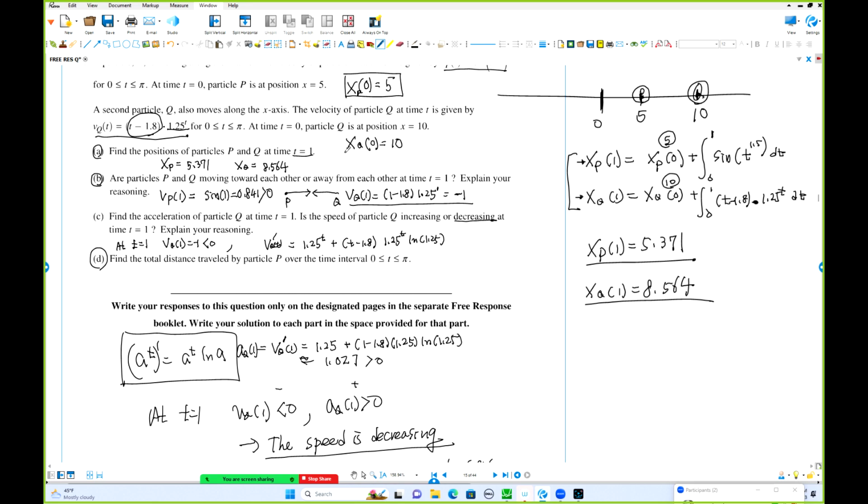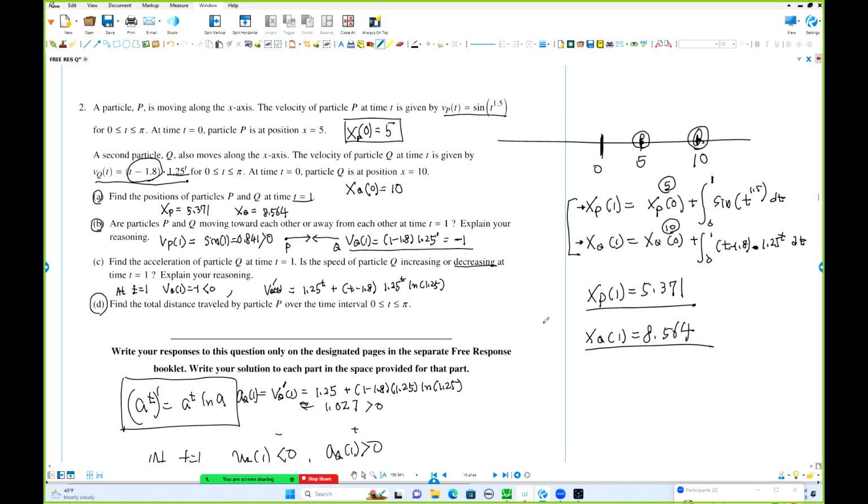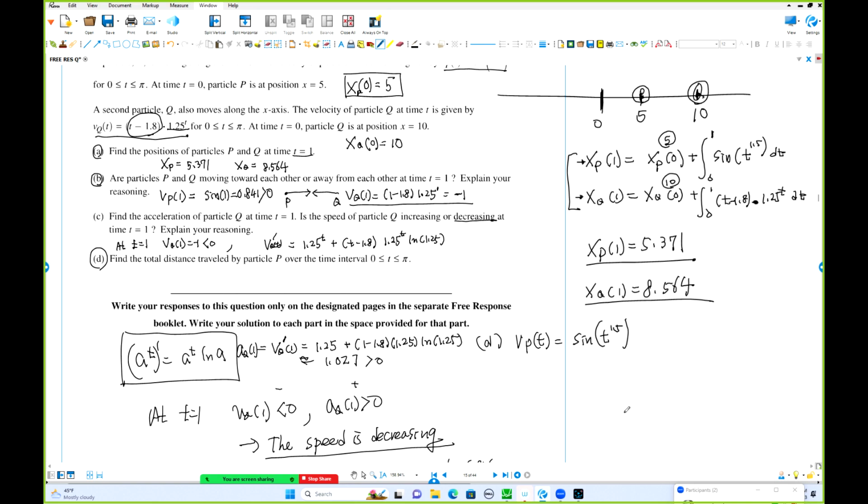Velocity of particle P is here, Vp of t equals sine t to the 1.5. That's the velocity, but travel distance is what? Sum of all distance, right? To the right, to the left, doesn't matter. Anyway, we're gonna add all the distance, from t equals 0 to pi. Are you okay with this?